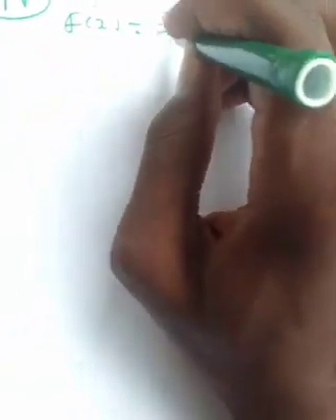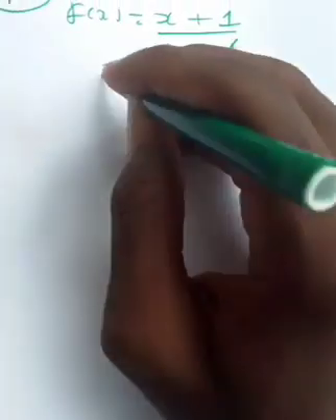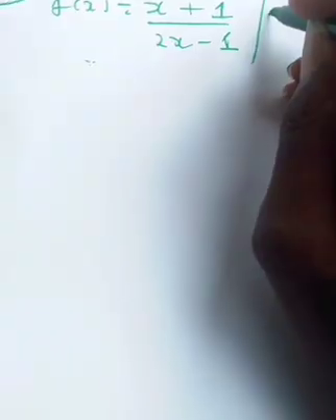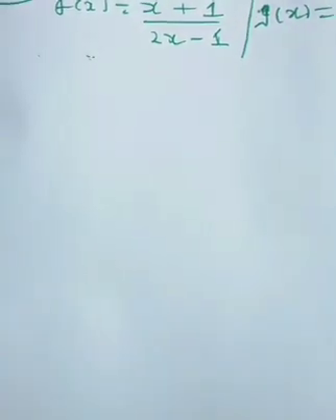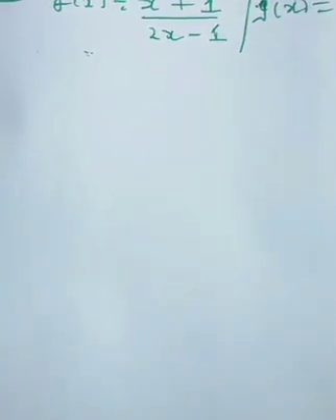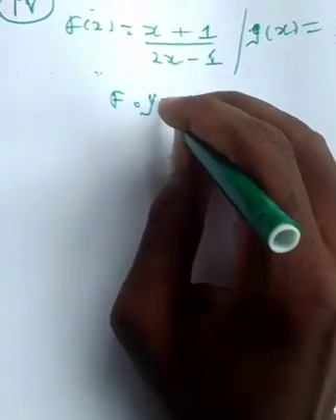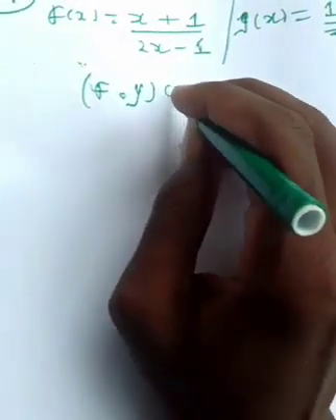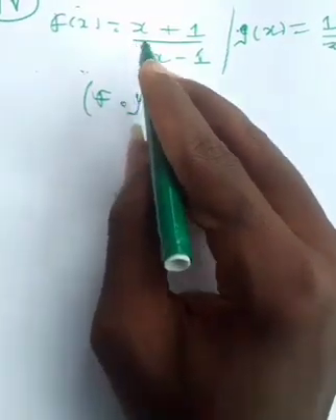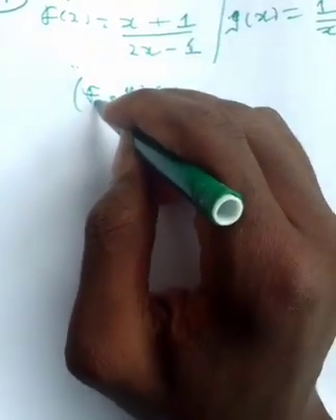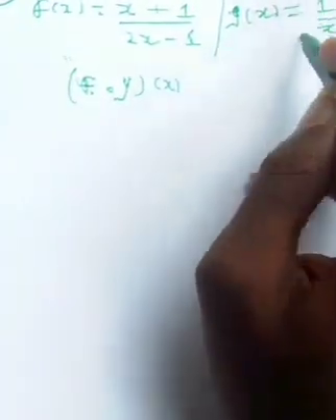We have f of x equal to x plus 1 over 2x minus 1. Then we also have g of x, which is equal to 1 over x. They have asked us to find the composition of f of g of x. Basically, they're saying get this function, and where there is x, put the other function.